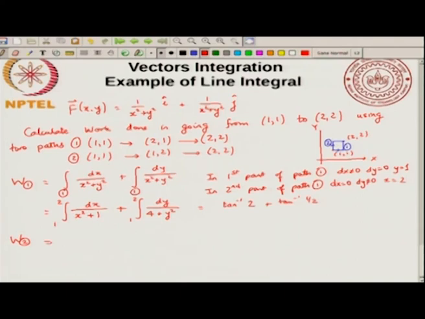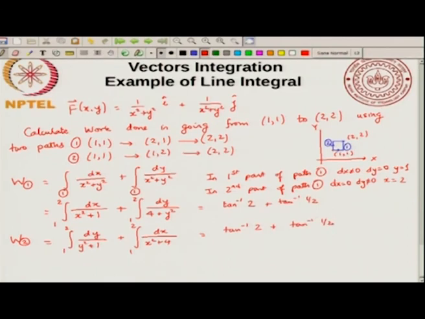Okay. But what will happen in that case is that in the first part your dx is 0, only dy is changing. So what you will get is integral dy over y square plus 1 from 1 to 2 plus dx over x square plus 4 from 1 to 2. Okay, and again this is the same, tan inverse of 2 plus tan inverse of half.